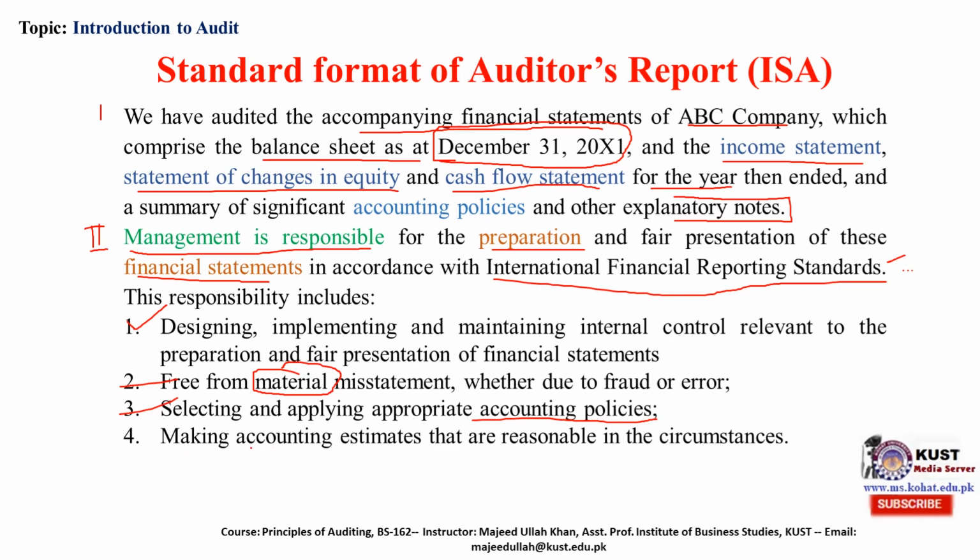Making accounting estimates, like depreciation, that are reasonable in the circumstances. Accounting estimates are basically how much depreciation should be charged in the first year and how much in the second year. These are the responsibility of the management. This is the second part.